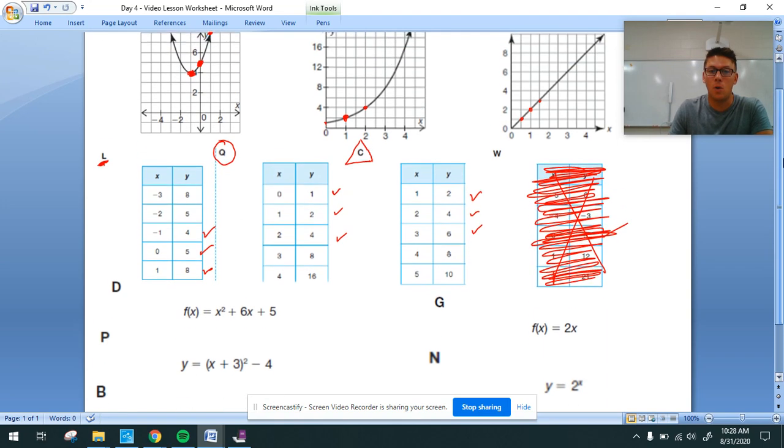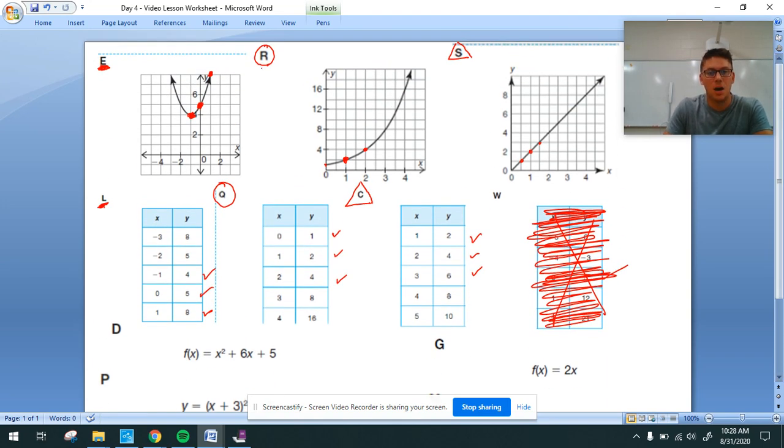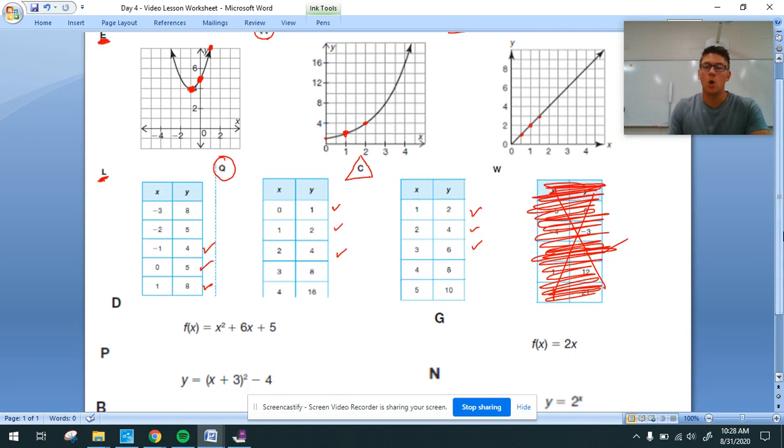Because we already know that R and Q are a match, well, if we were trying to look for an equation that matches that, we could try to match up our equation with either R, the graph, and figure out a way to determine equivalency, or we could say, let's determine if this table matches this equation. Because if R and Q are equivalent, then if we find the other equation that matches either R or Q, that means they're all part of the same group, right?